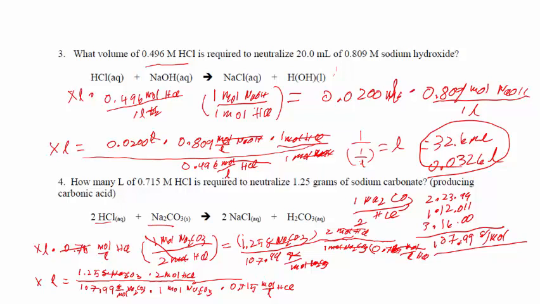We have grams Na2CO3 and grams Na2CO3, moles with moles, moles HCl with moles HCl, and essentially I end up with the 1 over liters again, which is liters. And let's just calculate that out.